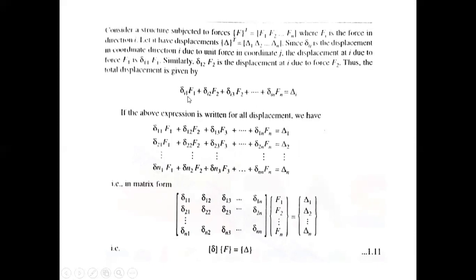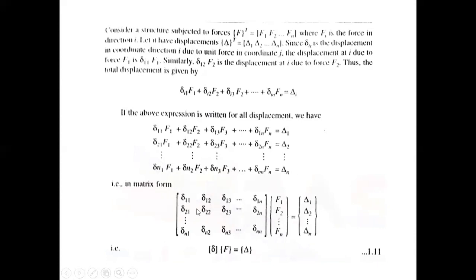All such components will be termed as delta total. This is f1 del i1, f2 del i2, f3 del i3, and so on till fn del in, that will be delta i. All such equations come into a complete set, and this will be termed as delta 1, delta 2, delta n. This is the delta matrix over here.